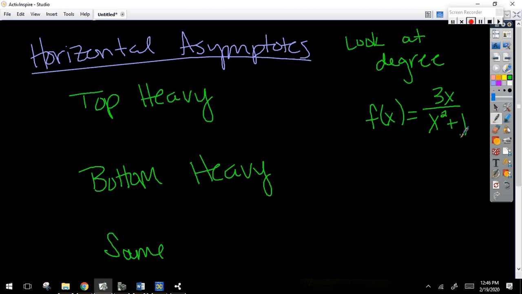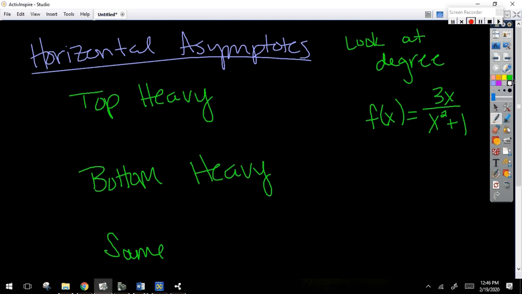So what would the degree of the top be here? 1. What would the degree of the bottom be? 2. So top heavy, we're going to say that means the top degree is bigger than the bottom degree. Bottom heavy, the bottom degree is bigger than the top degree. And then the same means they have the same degree, top and bottom. We all clear on what that means? So in the example I just wrote out to the side, how would you classify that one? Bottom heavy. We all agree?